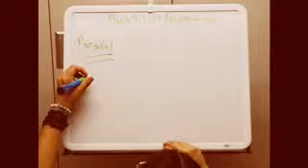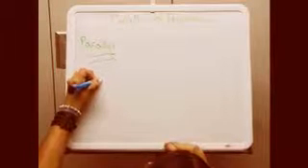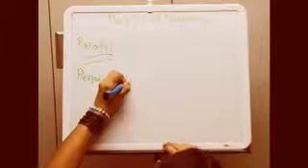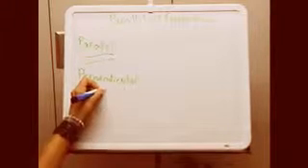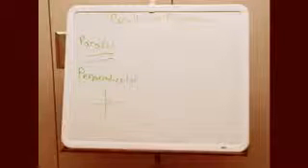Perpendicular lines, let's give their theorems. They intersect at one point, and they form a right angle, like so. For them, the slopes are different, and so are the y-intercepts.